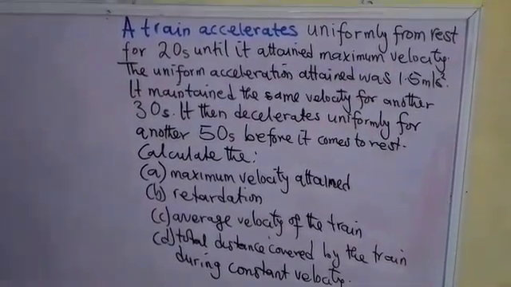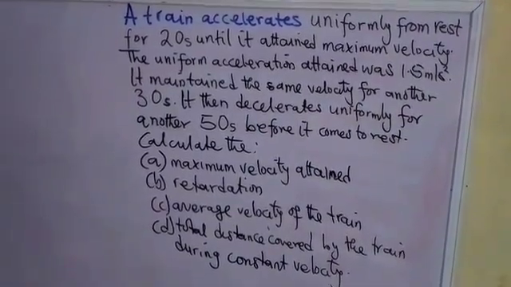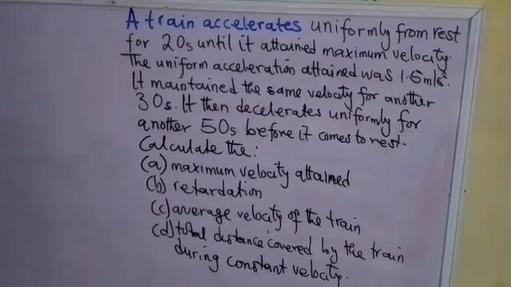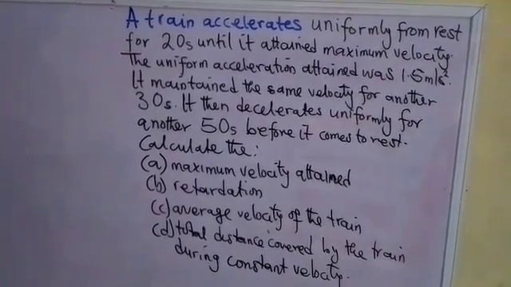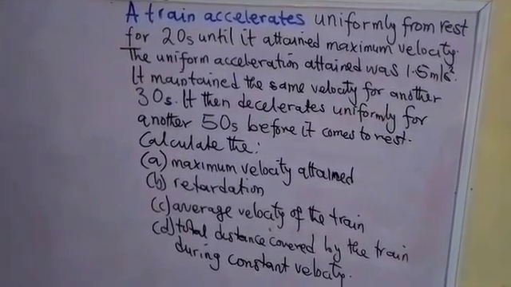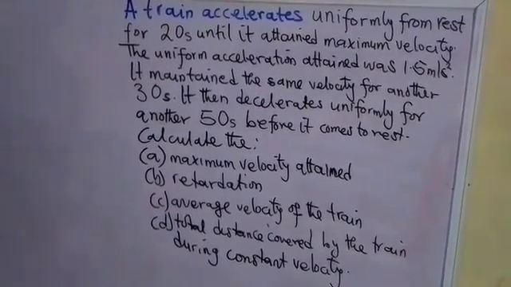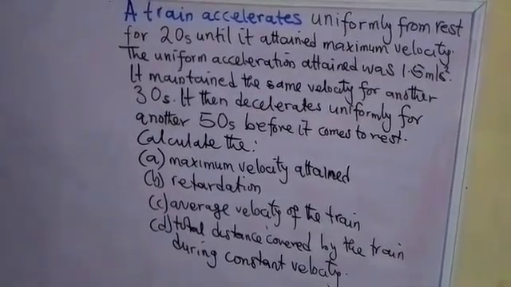A train accelerates uniformly from rest for 20 seconds until it attains maximum velocity. The uniform acceleration attained was 1.5 meters per second squared. It maintained the same velocity for another 30 seconds.